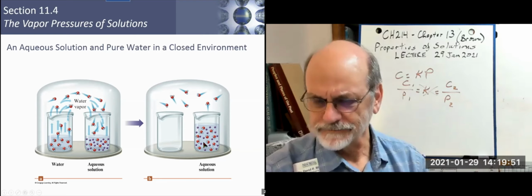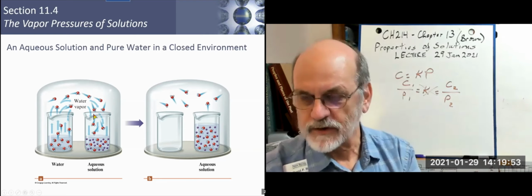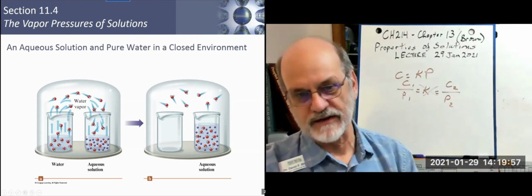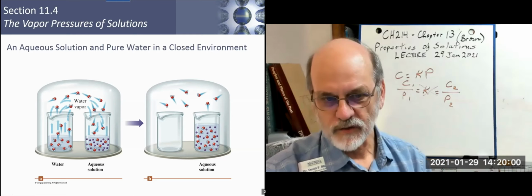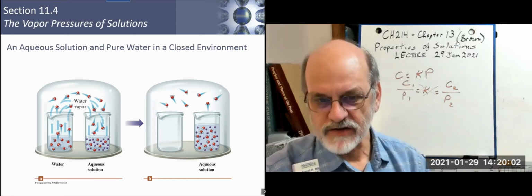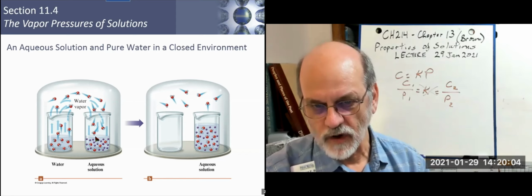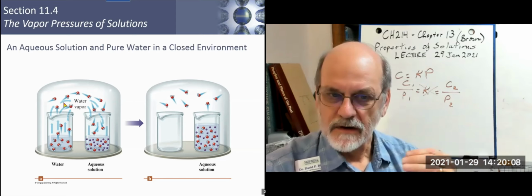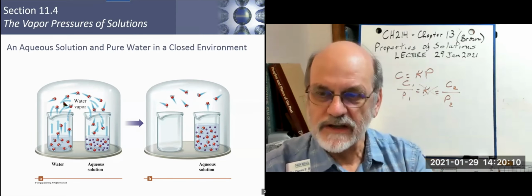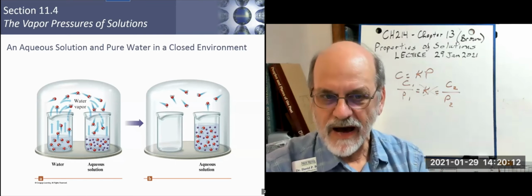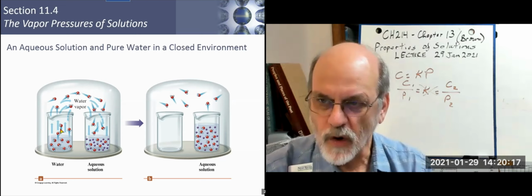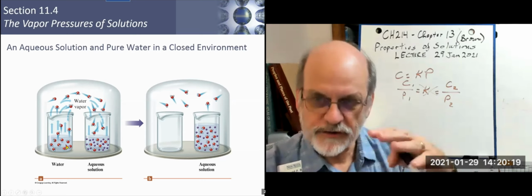So what's happening? There's no direct contact between the two, so everything that happens has to happen in the gas phase. You may start off with an equilibrium of each one, but then the equilibrium is continually disturbed by the water molecules. If they try to return to the water solution, they do at a certain rate.